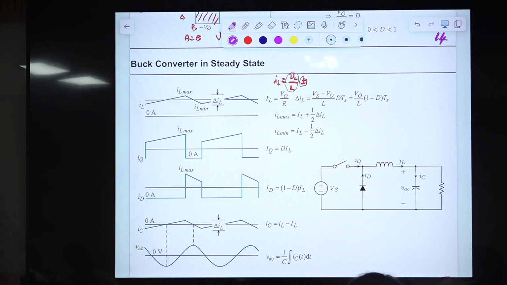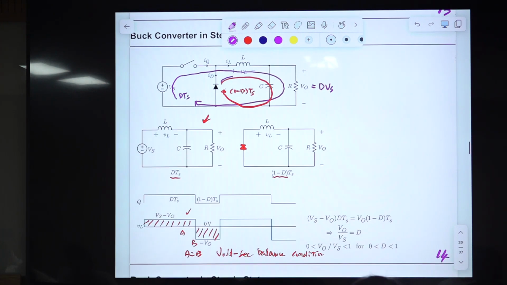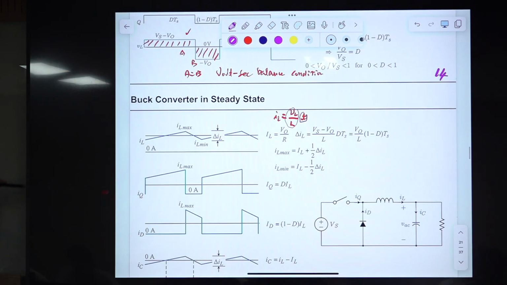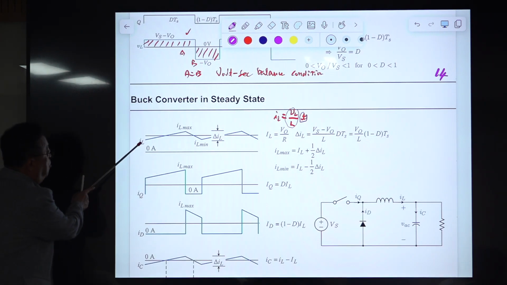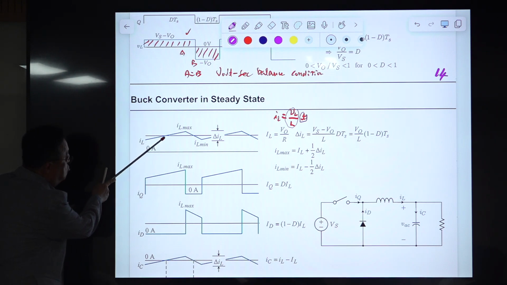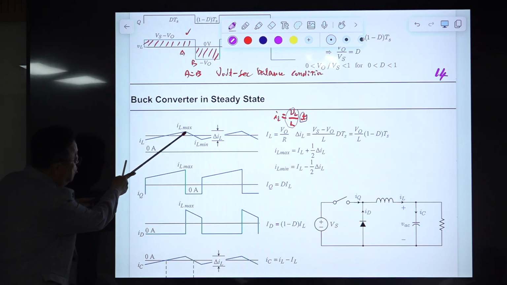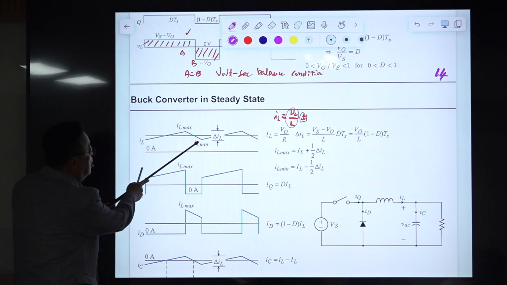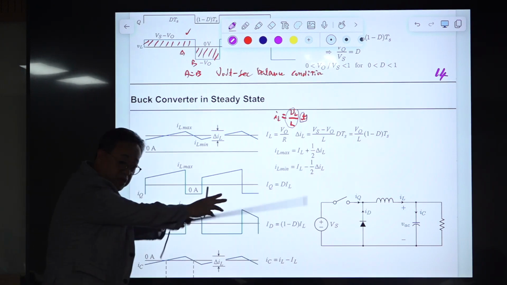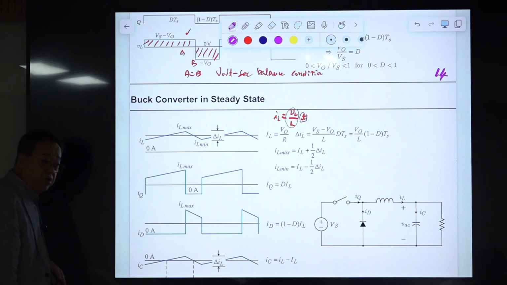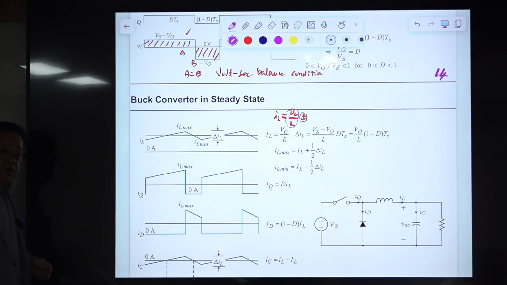During this time period, it should decrease. When this voltage is positive, the inductor current increases from the minimum value past the average value, reaches the maximum value, then decreases to the minimum value, and repeats this waveform forever. This is a triangular waveform.